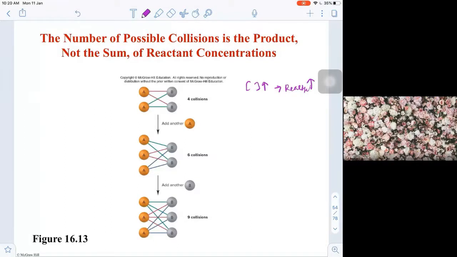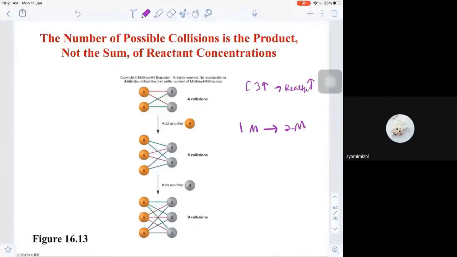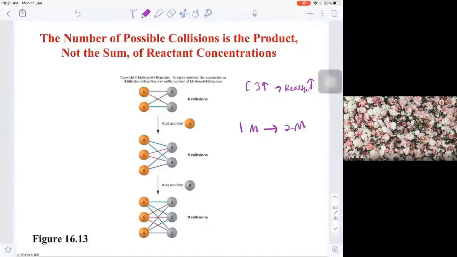This example in this figure shows us what happens if we add only 1 particle. When we increase the concentration, for example, from 1 molar to 2 molar, we are not adding 1 particle. We are actually adding 1 mole, and 1 mole is 6.02 × 10^23 particles of the reactant.